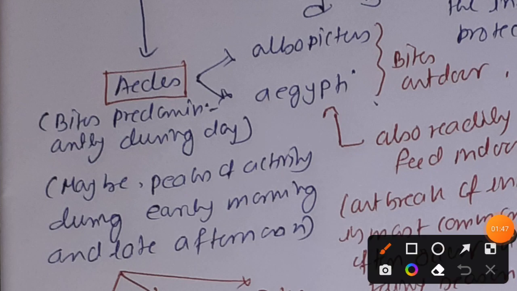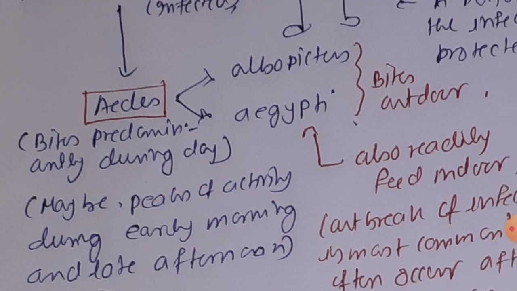Aedes albopictus and Aedes aegypti are active predominantly during the day, and their activity peaks in the early morning and the late afternoon. So we have to be very careful during the day to stay away from the chikungunya virus. They can bite us mainly outdoors, but Aedes aegypti can also bite us indoors freely.